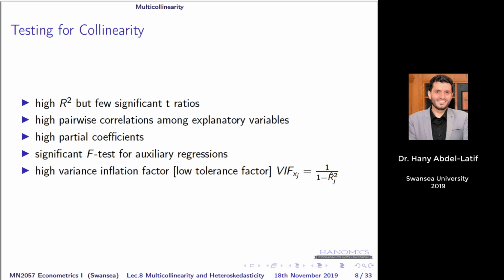The way we calculate it for one x, or xj, is that you run a regression where xj is your dependent variable, and on the right-hand side you include an intercept and the rest of the regressors in your model, and then you obtain R square from that regression. Then you calculate 1 over 1 minus R square. Again, if it is more than 10, or some people think 6 or 7 or anything above 5, then that means that x is causing some sort of multicollinearity.